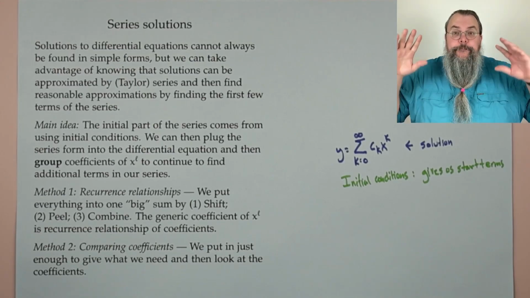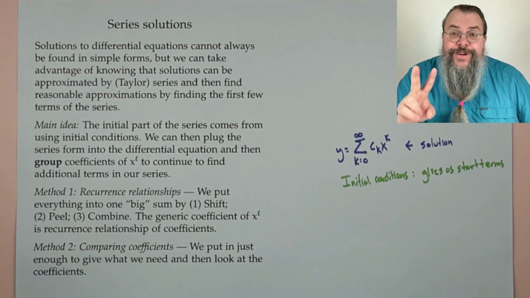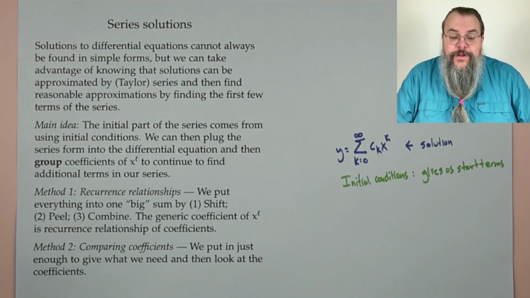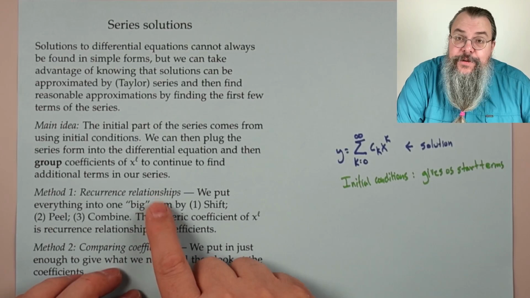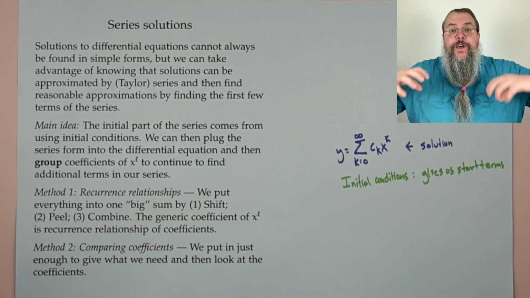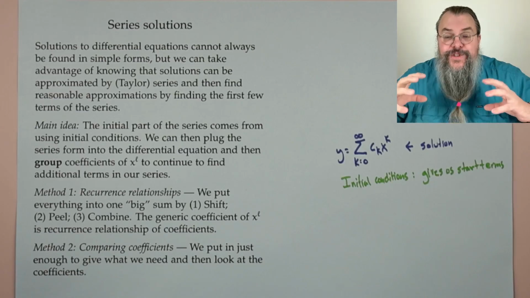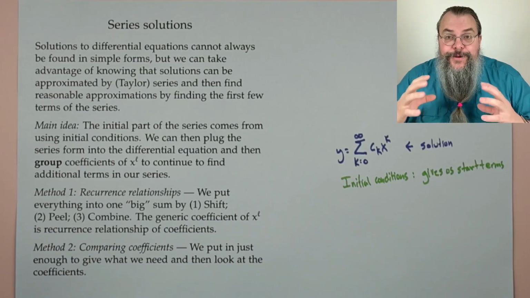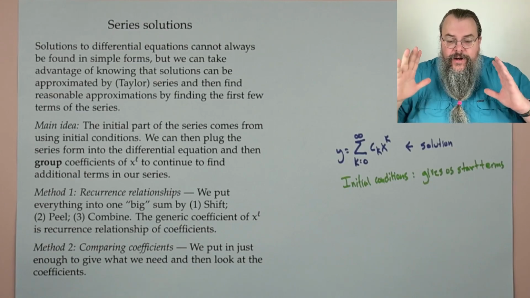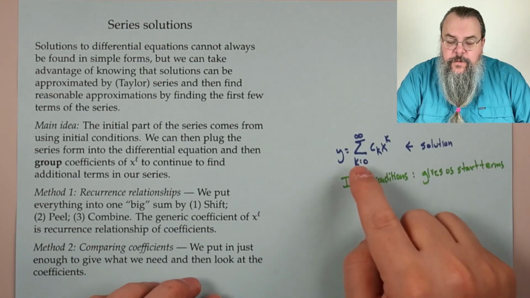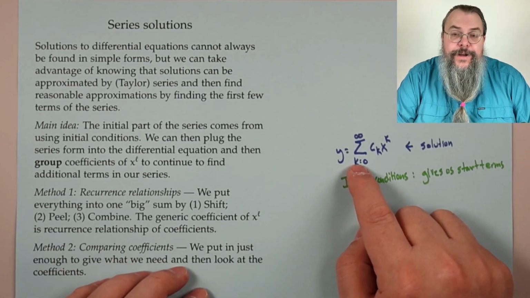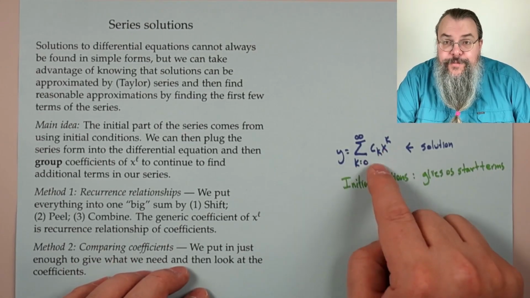All right, now, there are two ways that we're going to talk about doing series. The first one is recurrence relationships. Recurrence relationships say we're going to keep our sums all the way through. We're going to take our expressions and put in the series for y everywhere we see y, including y prime. Now, how do we take derivatives? Term by term.